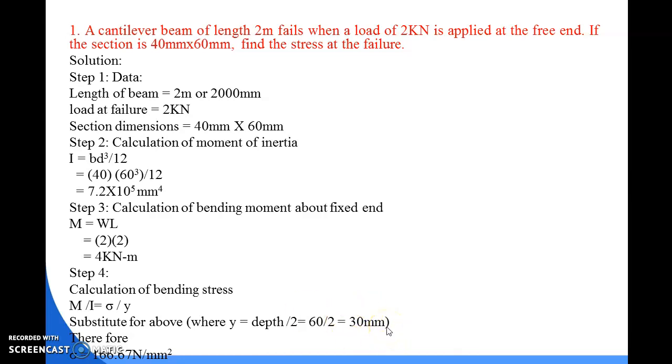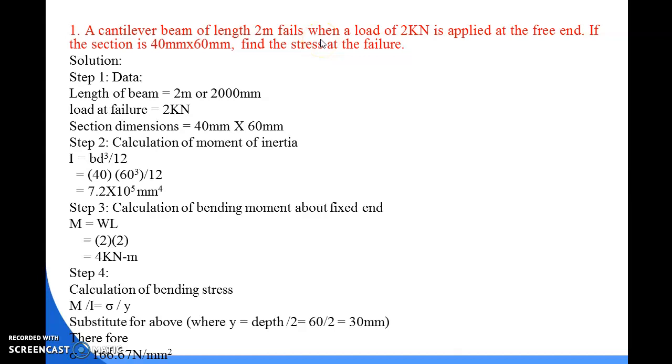So, the neutral axis lies at 30 mm distance from the bottom of the beam. Hence, by putting the values of M, I and Y, we can find the sigma value. By putting all these values, we calculate the sigma value as 166.67 Newton per mm square. So this is your answer for this question.